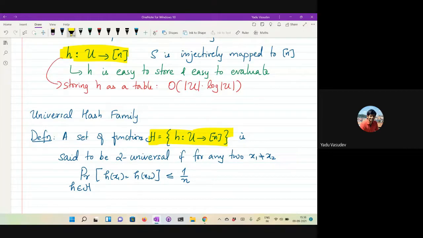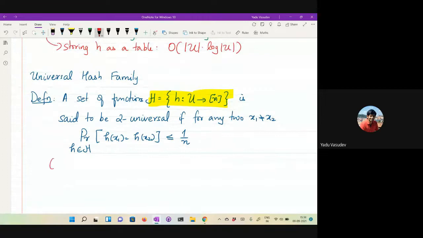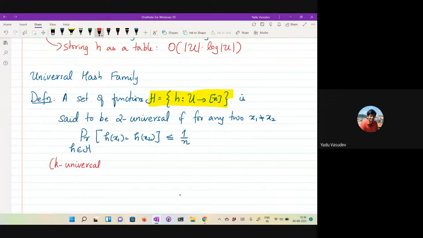In particular, you can generalize this to k universal. Right.